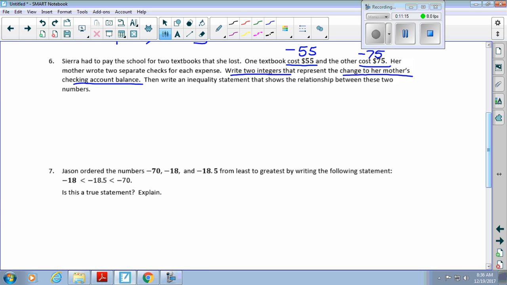But it's not asking which one cost her mother more money. It's just asking you to compare the negative 55 to the negative 75. All right, so if we have negative 55 compared to negative 75, would negative 55 be less than or greater than negative 75?